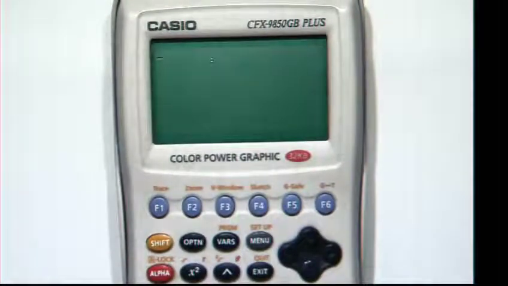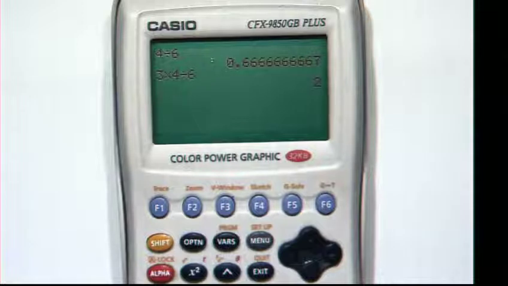I don't need one nearly that fancy. I could have used an ordinary calculator. And if I want to do 4/6, I can go 4 divided by 6. Now it will actually tell me what that is as a decimal, so I can use my calculator to convert between fractions and decimals. But I can do this thing here, 3 times 4 divided by 6, it will come out as 2. 3 divided by 6 times 4 still comes out as 2.